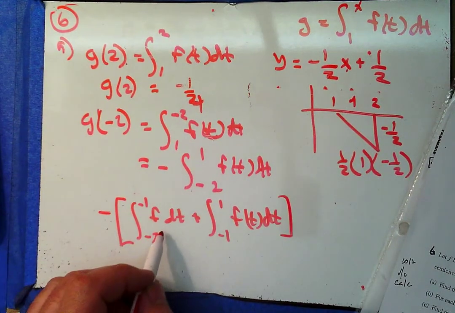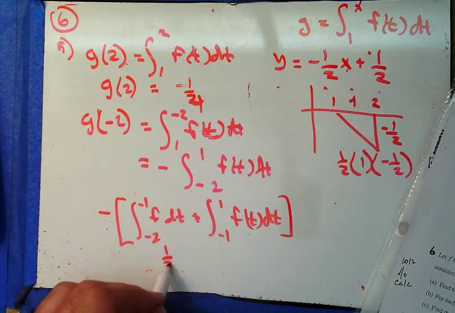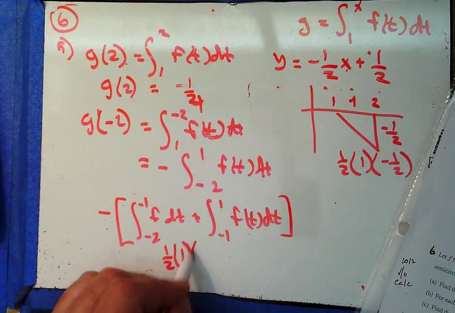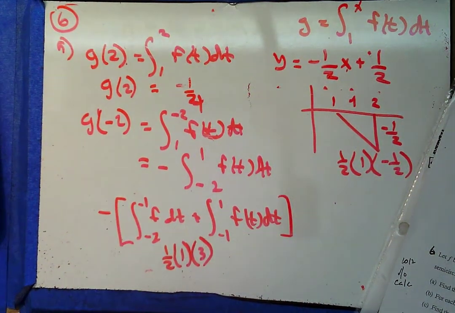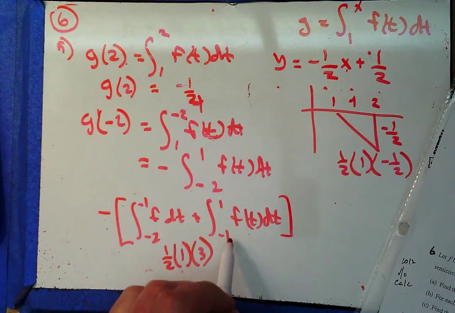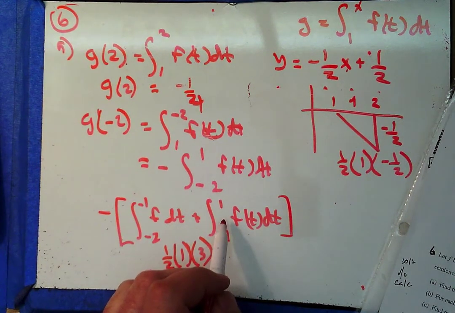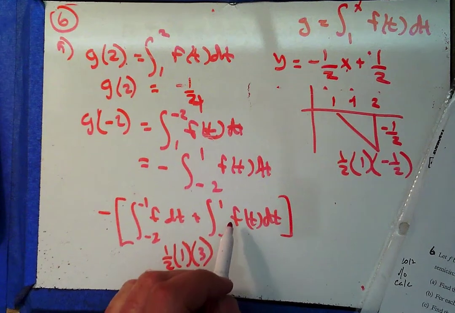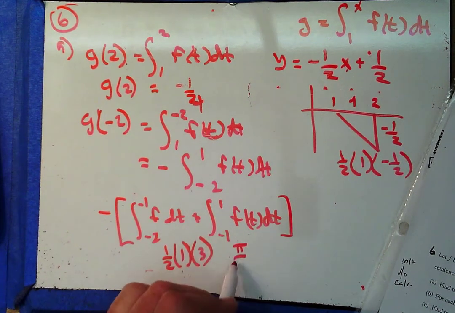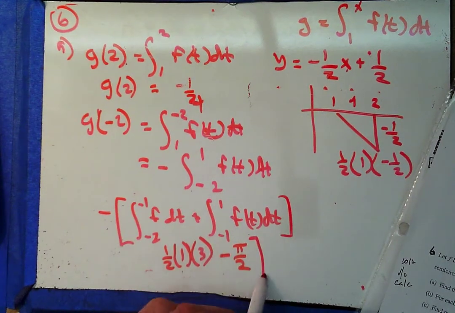Okay, so this integral is 1/2 times 1 times 3, because I'm just doing the area of the triangle. Now, the integral from -1 to 1 is half of a circle whose radius is 1, so pi r squared, pi 1 squared, would be pi divided by 2, so pi over 2, but because I'm below the x-axis, this is minus pi over 2.